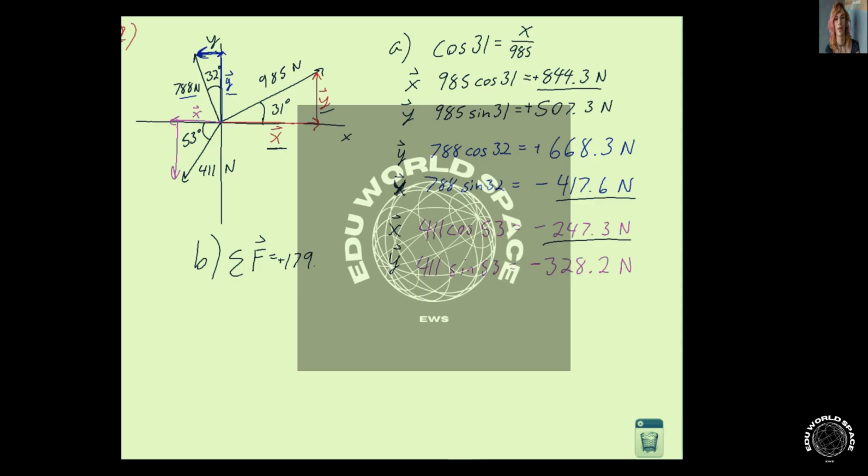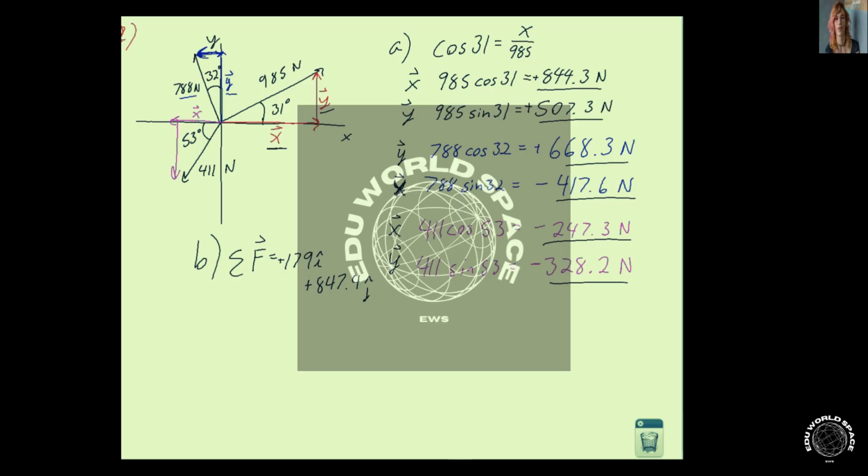I'm going to use vector notation here, the unit vector i hat, to denote x component. We do the same thing with the y's. Let's add up this y component, this y component, this y component, and we end up with 847.4. So we're going to do a plus 847.4 newtons.